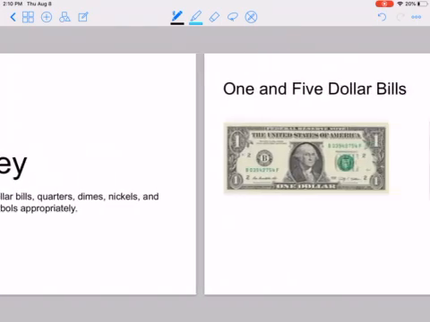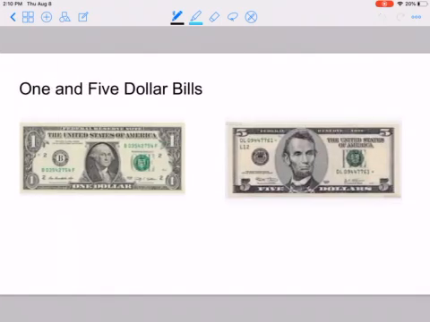solve some word problems. Before we get in, I'm going to show you our $1 and $5 bills. Our $1 bill, it's kind of easy to figure out, has ones in the corners, and the $5 bills have a picture of Abraham Lincoln. There's fives.